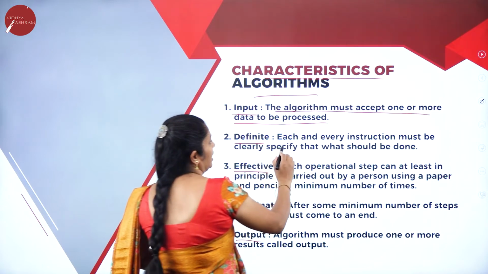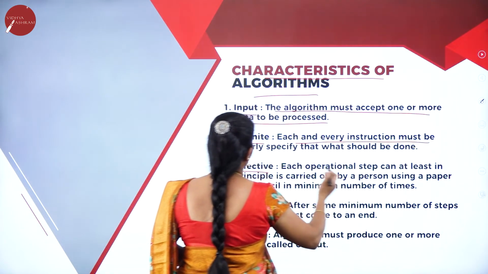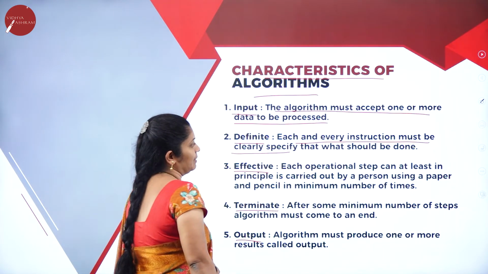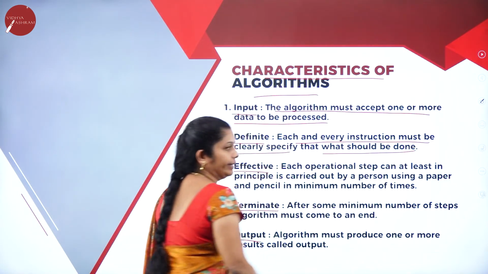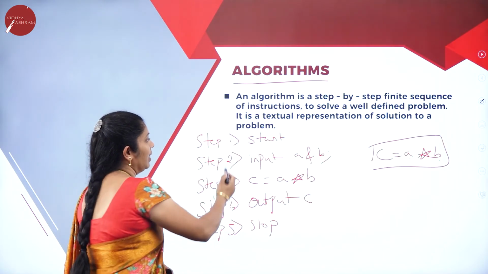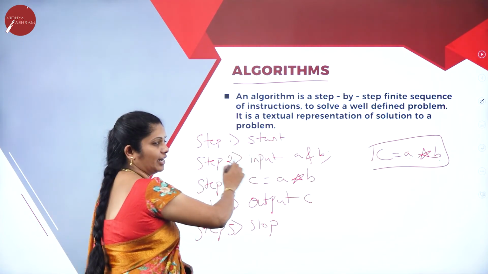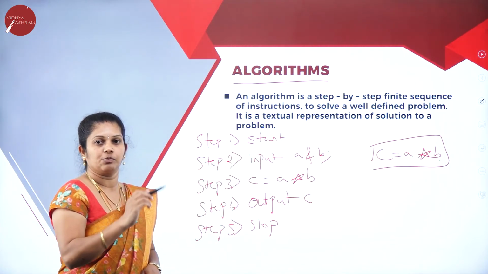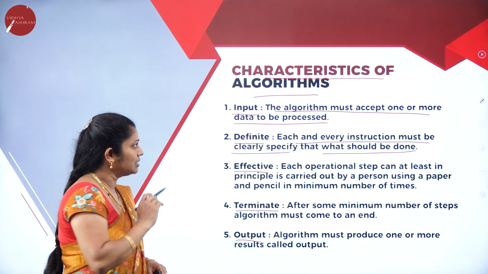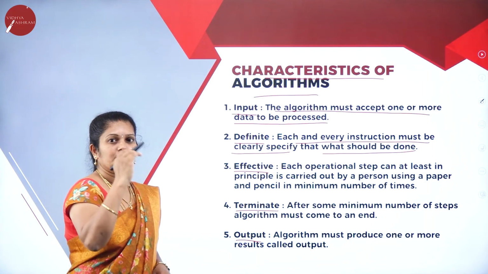Then definite: each and every instruction must be clearly specified, stating what should be done. If you observe here, each and every step tells you what exactly you want to perform: now we start, we input, we calculate, we display, now we stop. That means each step has a specific meaning.